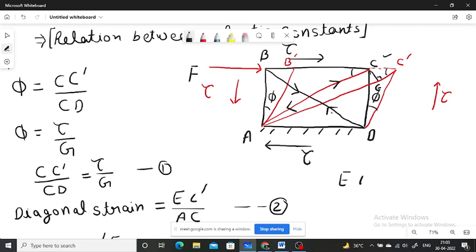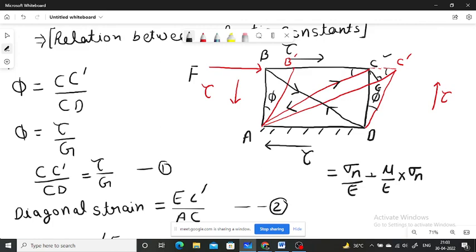The diagonal BD is perpendicular to the diagonal AC, so from the generalized Hooke's law, strain in the direction of AC will be equal to sigma n upon E, which is the lateral strain, minus mu by E into sigma n, which is minus.